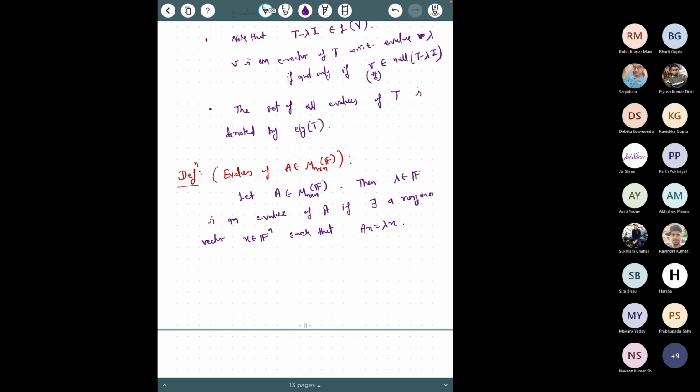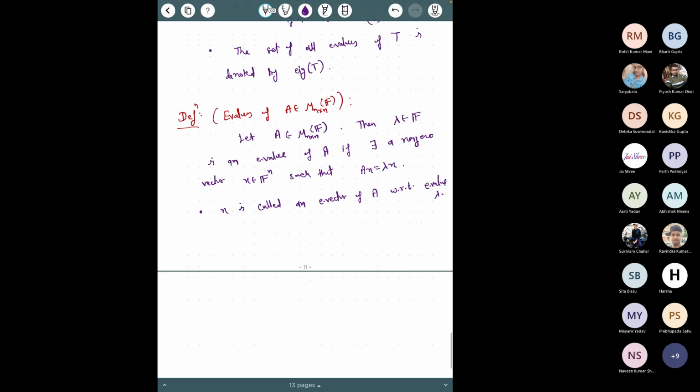It's very similar to what we defined for an operator. This vector x is called the corresponding eigenvector, an eigenvector of A with respect to eigenvalue lambda.